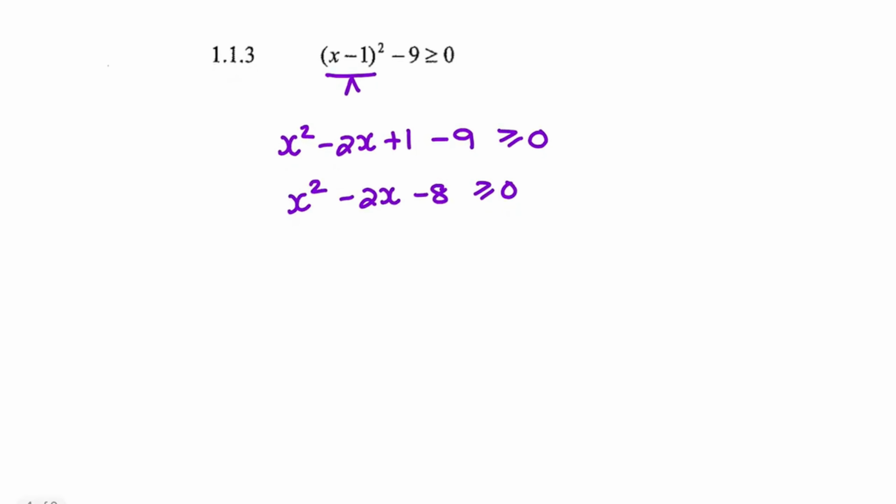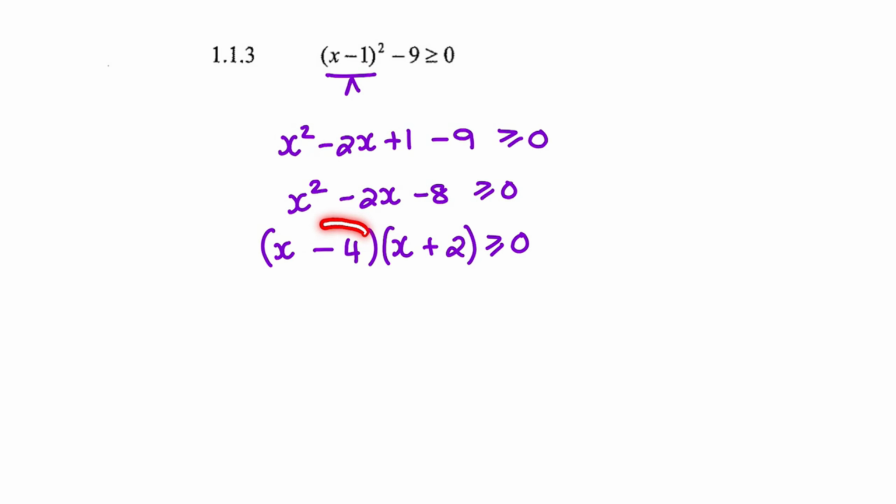Now what I can do is factorize this trinomial, and I hope you have practiced your factorization. So I'll have x and 4 and x and 2. This will create the 8. So 4 times 2 would be the 8. But I need a negative 2x in the middle. So I'll have (x minus 4) and (x plus 2).